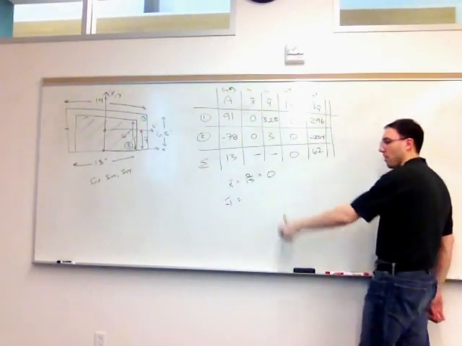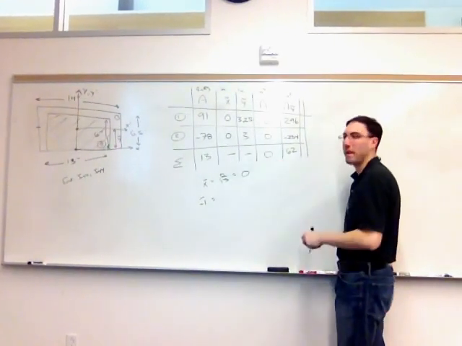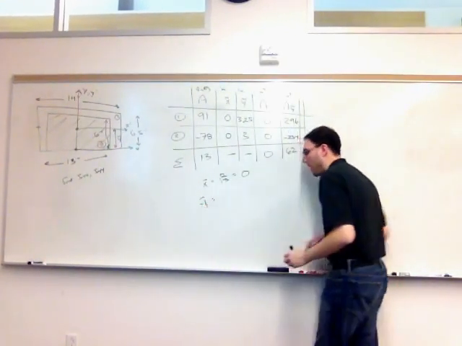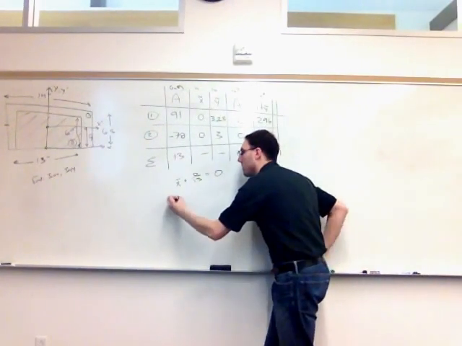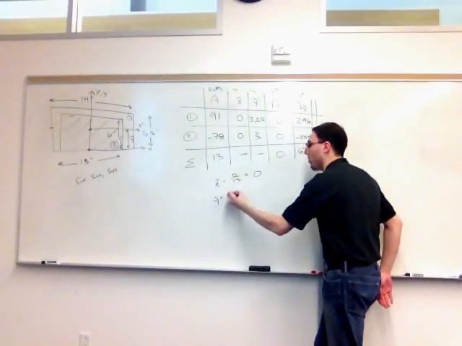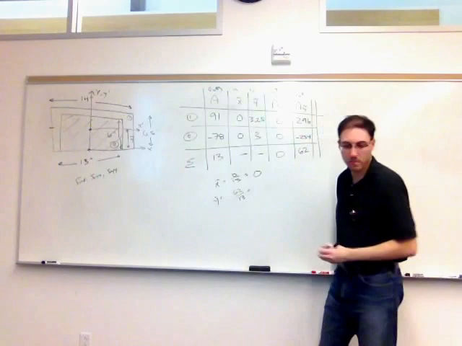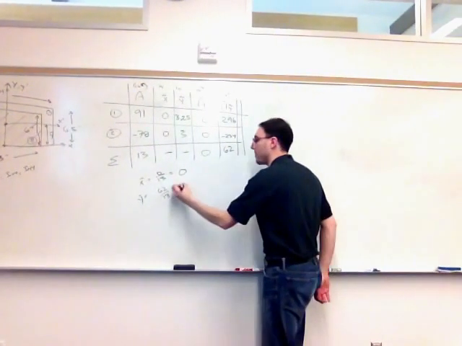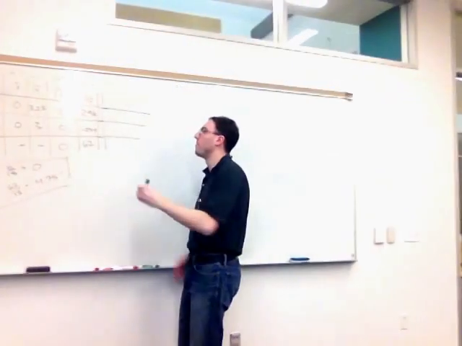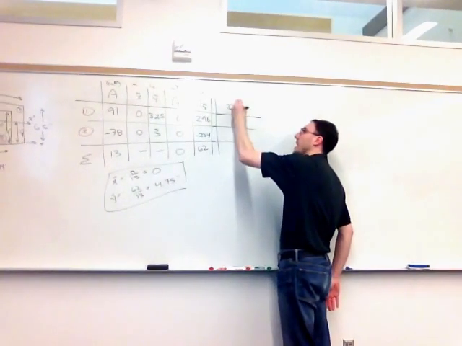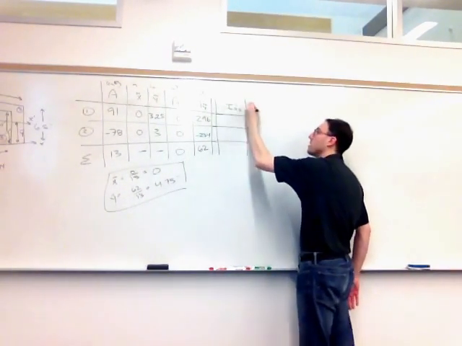X bar then is 0 over 13, or 0, which we expected from symmetry. And my y bar is the 62 over 13, or 4.75 inches.